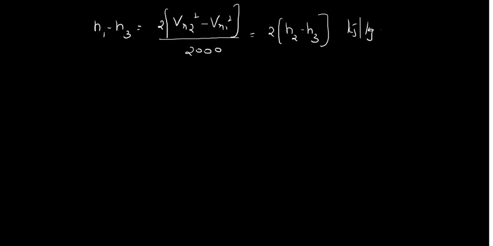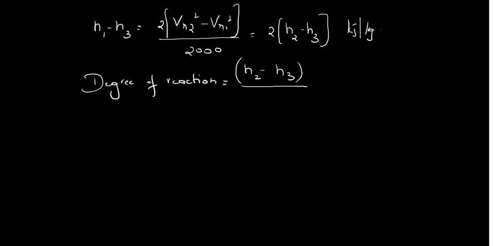Right? And now I can write the relation here. Degree of reaction for a Parsons reaction turbine is (H2 minus H3) divided by, you can put this in the bracket, 2 times (H2 minus H3).